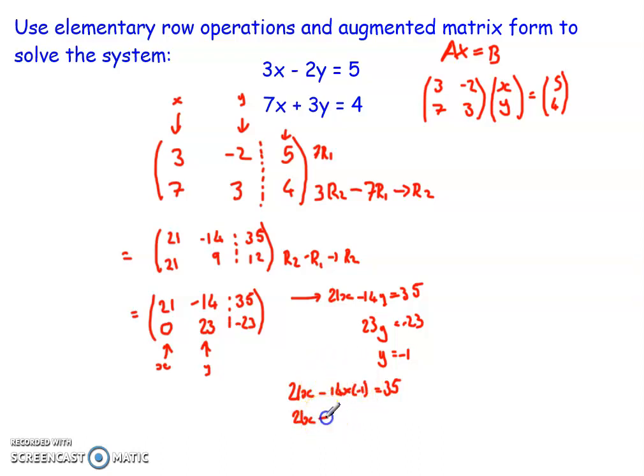Minus minus becomes a plus, so plus 14 equals 35. And this is an equation I'd now expect an S1 student to be able to solve. Shift over the 14, I get 21x is equal to 21. x is equal to 1. So for this system of equations, for both of these to hold true at the same time, I know that x is 1 and y is negative 1.